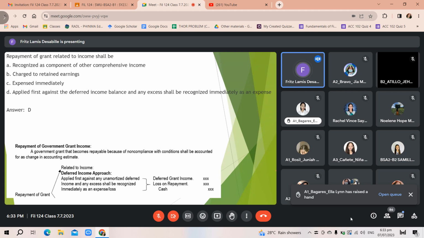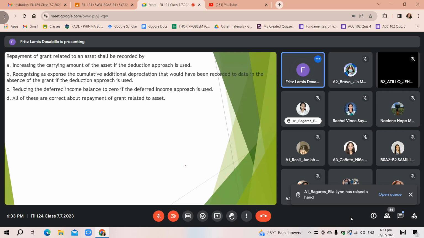Naka-attach ani nga mga screenshot from my notes so that you have guide. So if related to income, that's our entry: debit deferred grant income, debit loss on repayment, credit cash. So again, apply first on unamortized deferred income, and the excess shall be recognized as a loss.